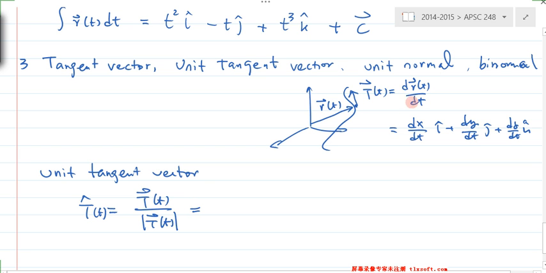If you want to express the unit tangent vector using the original vector function r of t, the derivative gives you a tangent vector, so we can use r prime here to represent this d over dt.